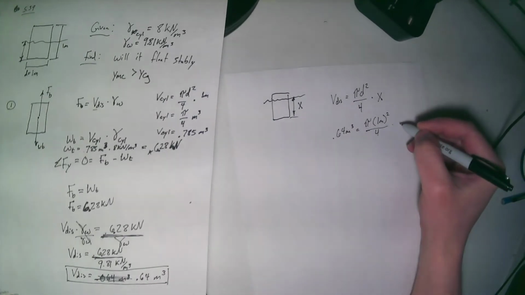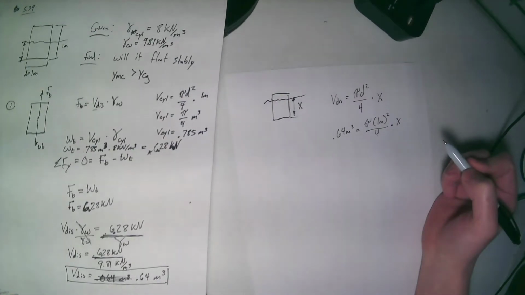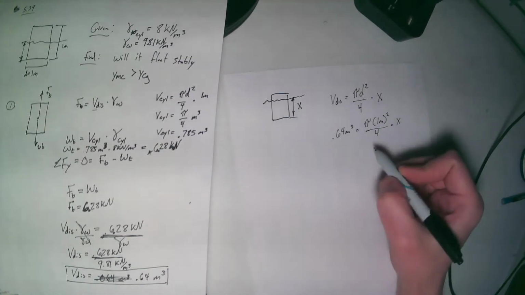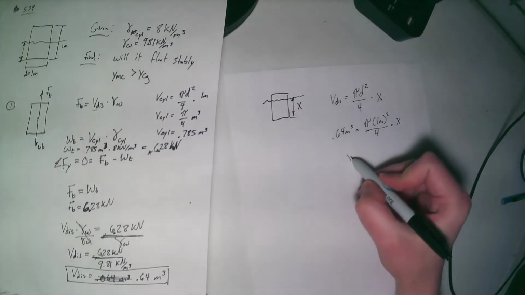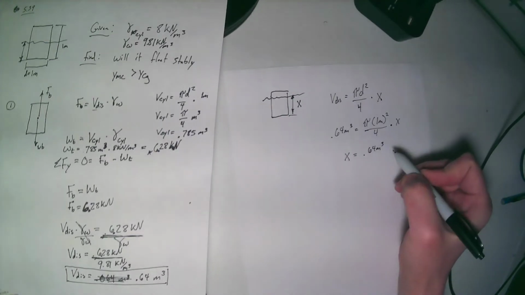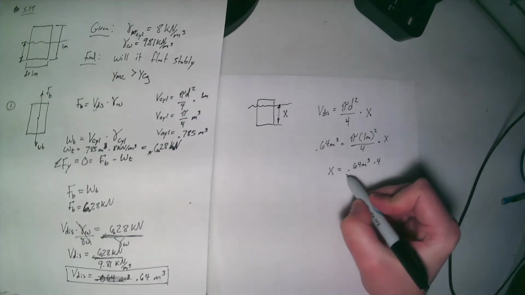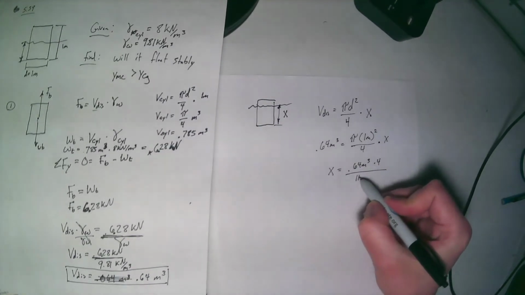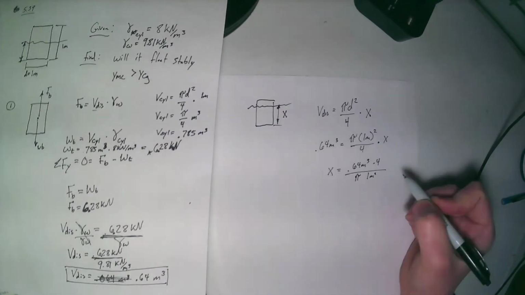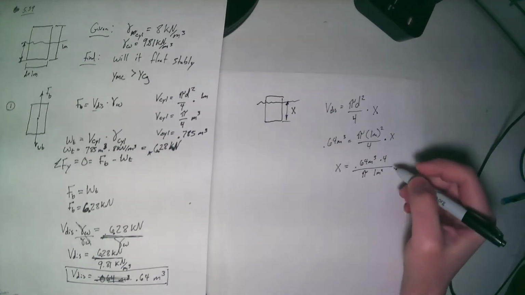So multiply that by X. Solve for X. Everything gets ported over to the other side. X is equal to 0.64 meters cubed times our 4, divided by pi and our 1 meter squared value, to where we know our units will cancel correctly.